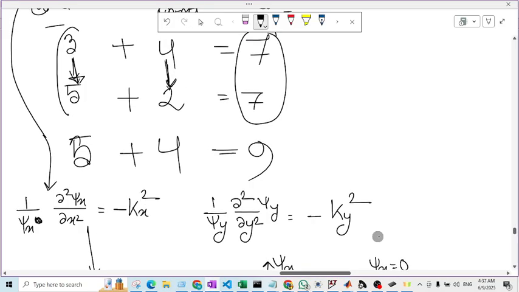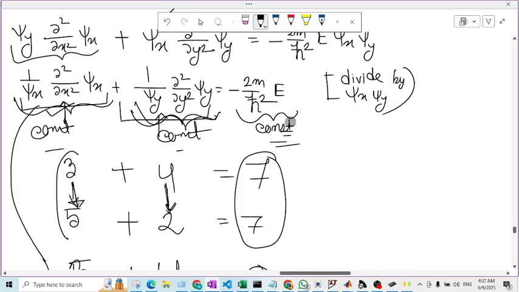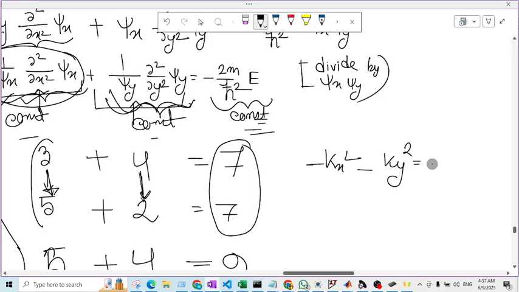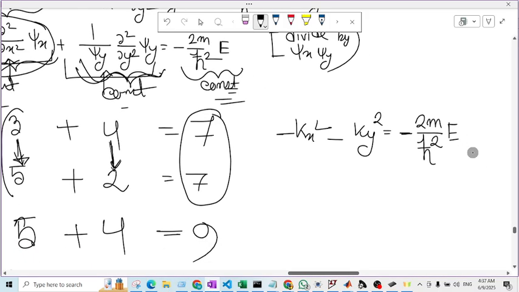And the second term is minus ky square. So let's write the equation. This is minus kx square and this is minus ky square, which is equal to minus 2m divided by h bar square into E, right? Let's write this.